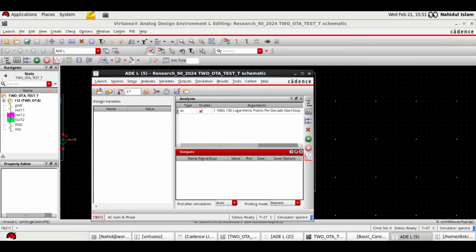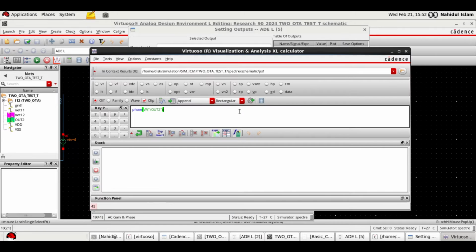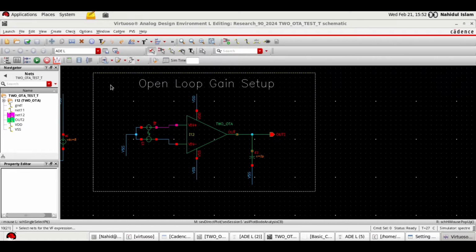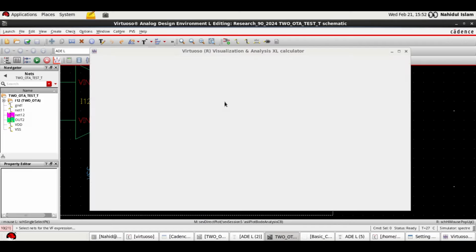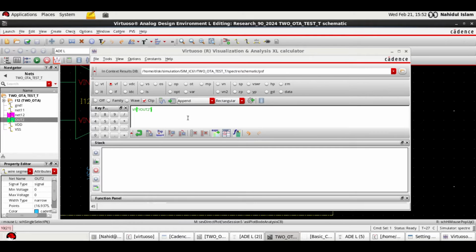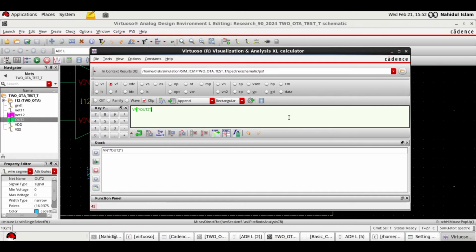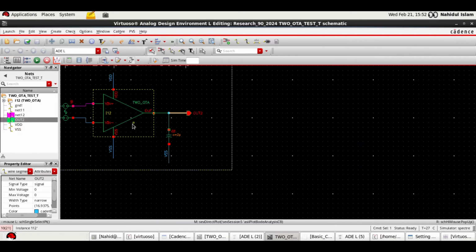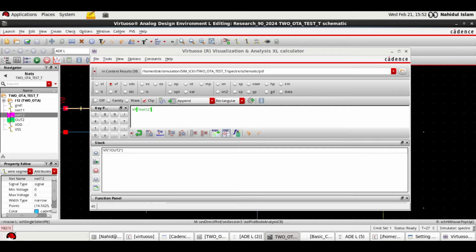Well, let's edit, then open, press click in AC, then here's the output. As we know, the gain is V out by V in. Then set it to stack, and then click on the other input.